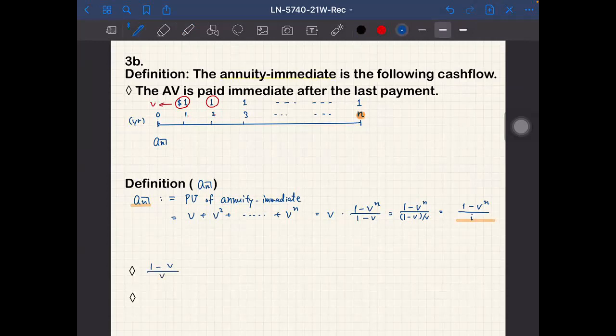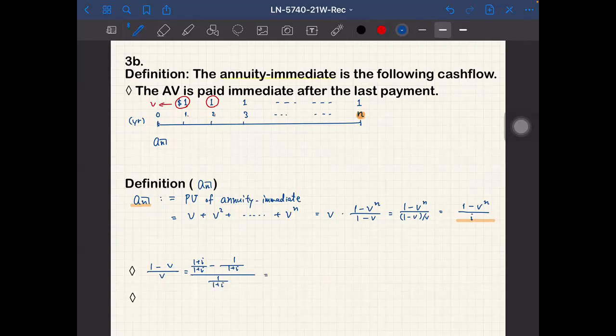And actually, this can be verified by just some algebra. (1 minus v) over v, where v is 1 over (1 plus i). And just to make the same denominator, 1 is (1 plus i) over (1 plus i), then divided by v, and v is 1 over (1 plus i).